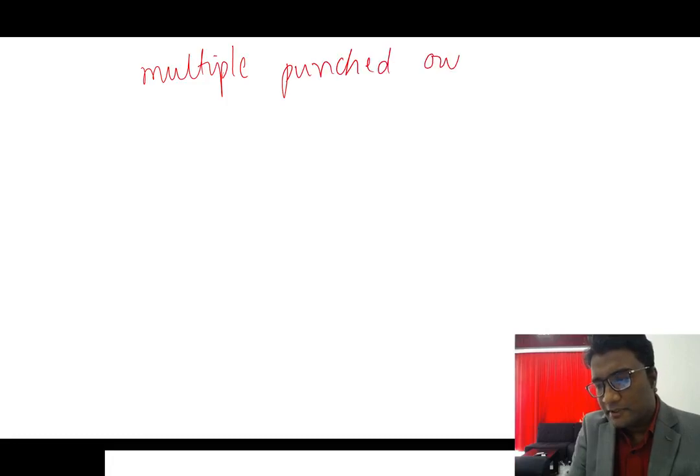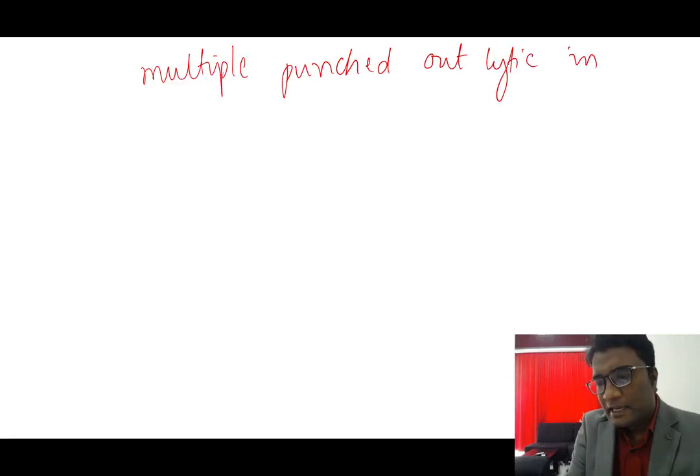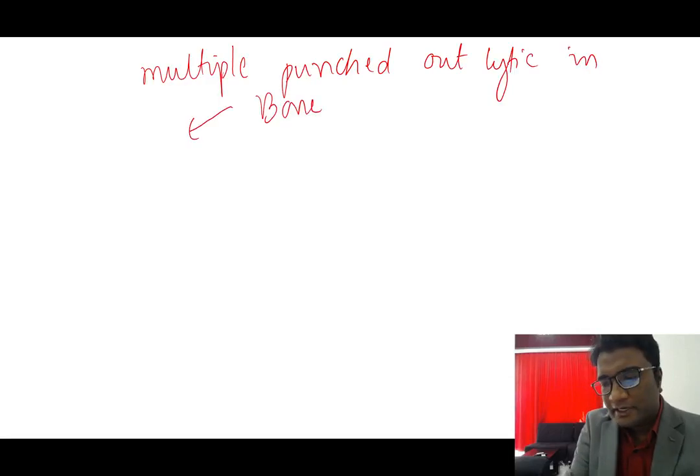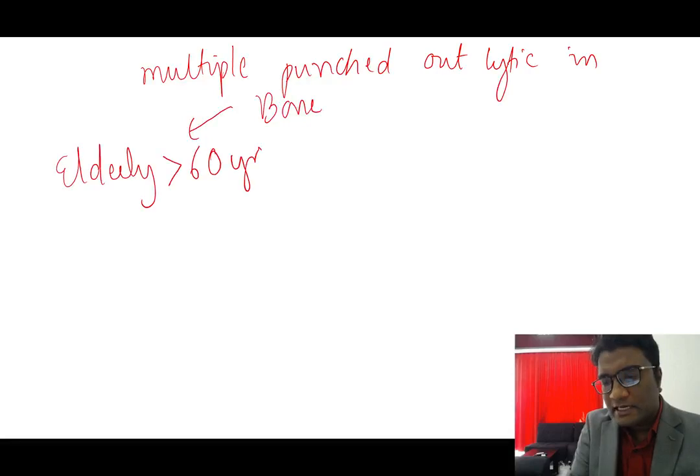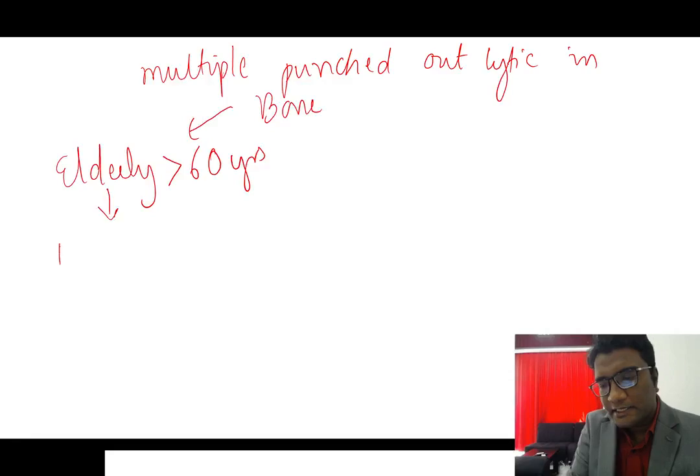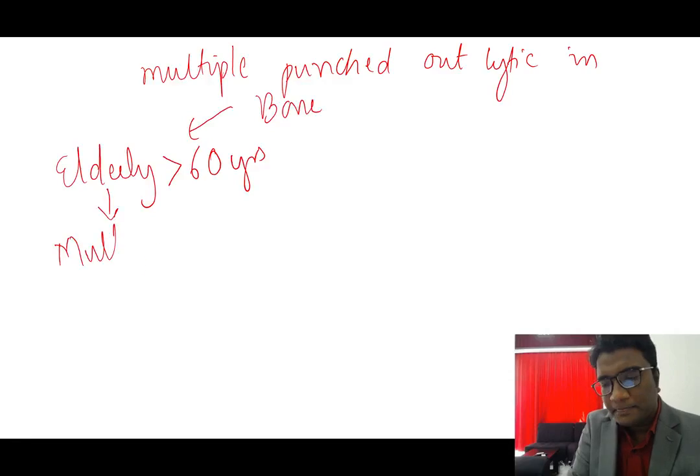If there are multiple punched out lytic lesions in the bone, you have heard of this term, and if this is an elderly patient, usually above 60 years, what is our answer? This is definitely multiple myeloma.